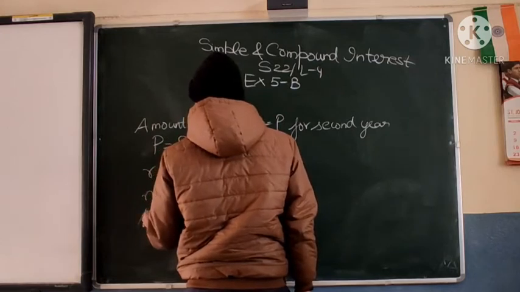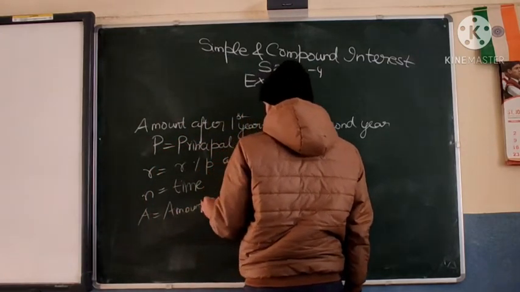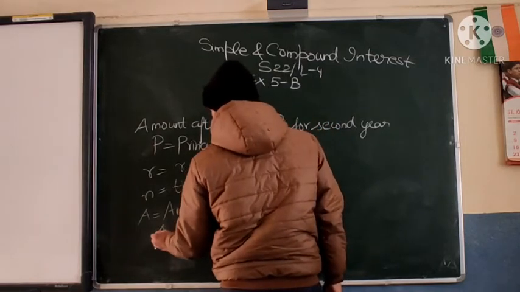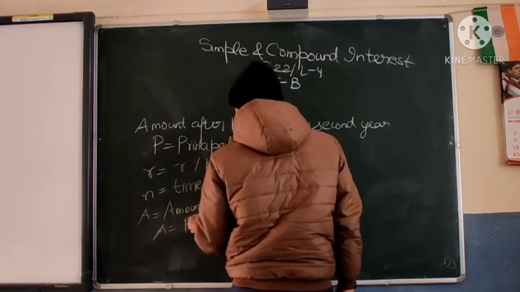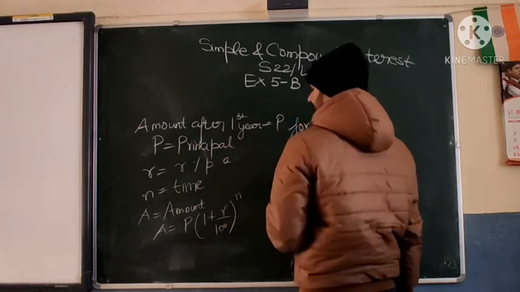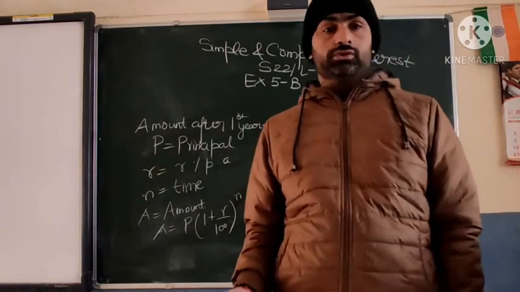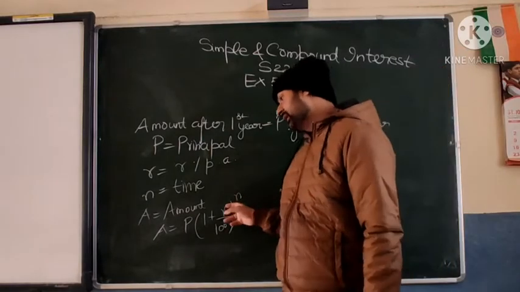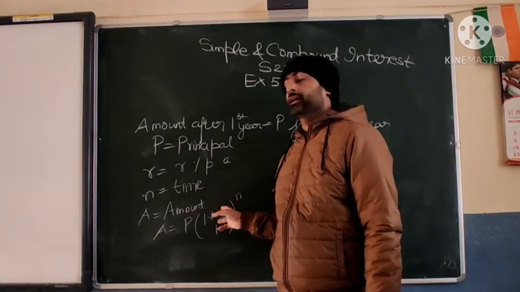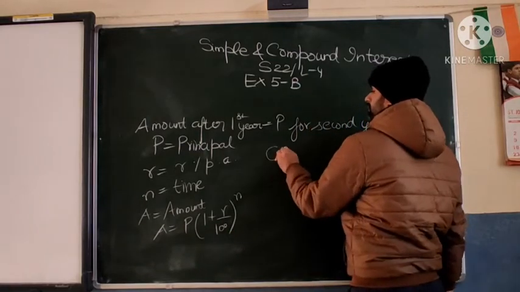A is the amount, then A will be equal to P into (1 plus R by 100) to the power n. This is the formula for calculation of the amount after n years at R% per annum with P as the principal.